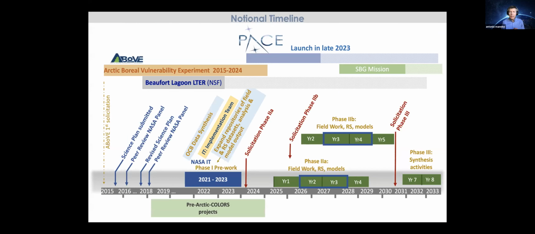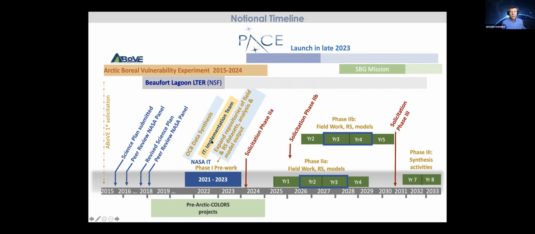You saw a version of this slide with Ann Kellerman's presentation on Monday. This is just a little bit more comprehensive to put things into context. So we're basically here now with this OCB data synthesis activity. Again, an implementation team should be established within the coming 6 to 12 months to develop that.